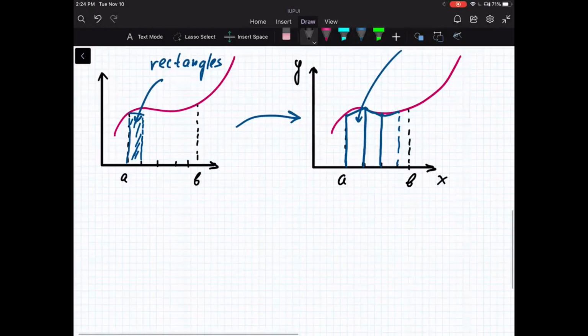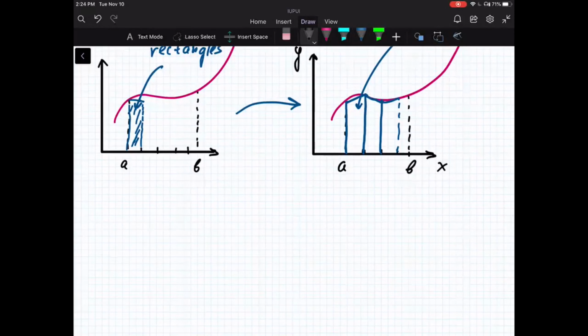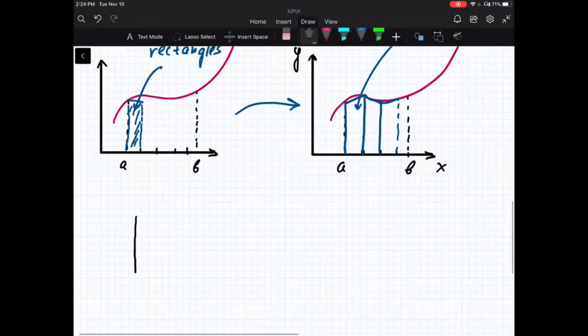So let's recall what the area of a trapezoid is. I'm interested in a very special case when my trapezoid has a right angle at the bottom and some angle on the top.